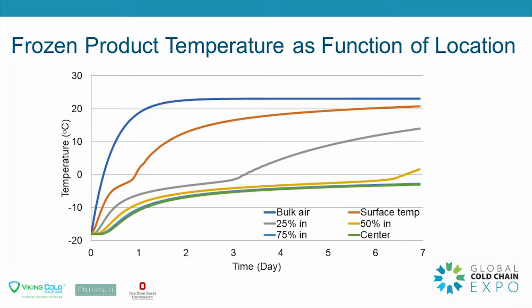So if you have an entire pallet exposed to an elevated temperature, it's the product at the surface that you must be concerned about. And if you're looking for any kind of indicator of the impact of an elevated temperature, you sample the product at the surface. It's going to be the one that's impacted most.